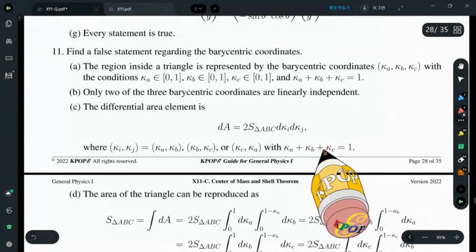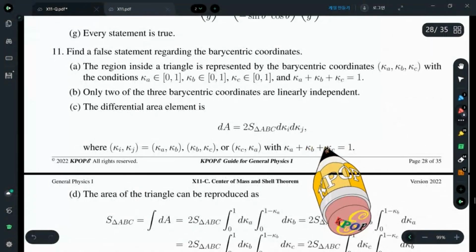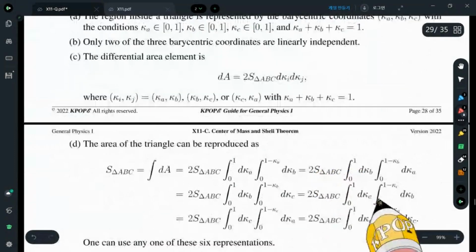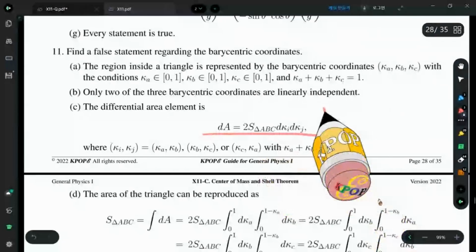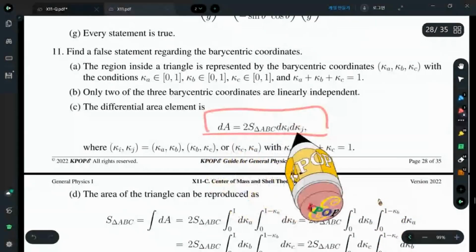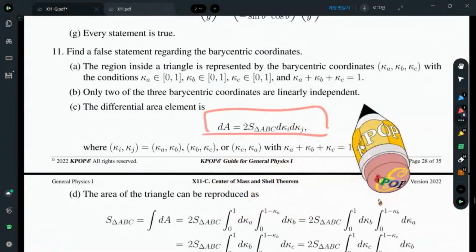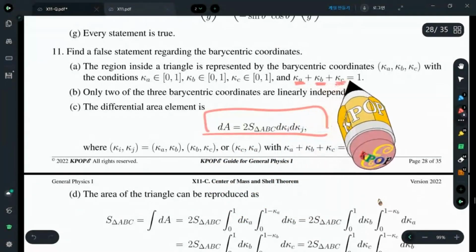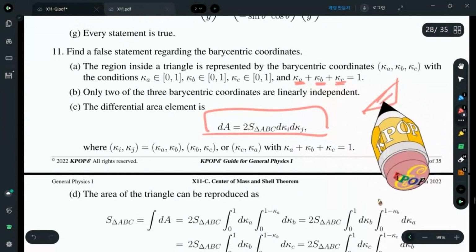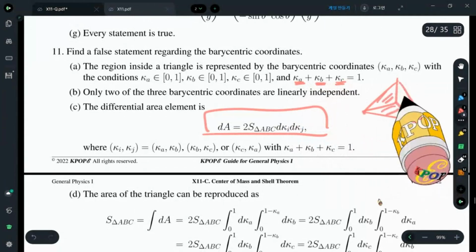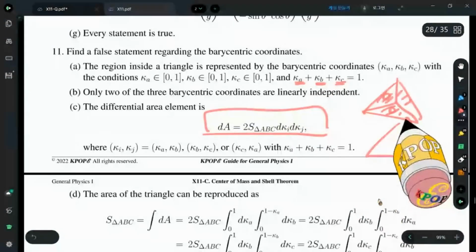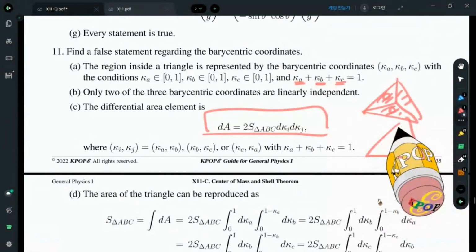Anyway, finally, I'd like to evaluate this integral. The area of a triangle is now expressed in terms of a two-dimensional integral among the three barycentric coordinates kappa a, b, c. I told you kappa a, kappa b, and kappa c are just partial fractions of the whole triangle's area.